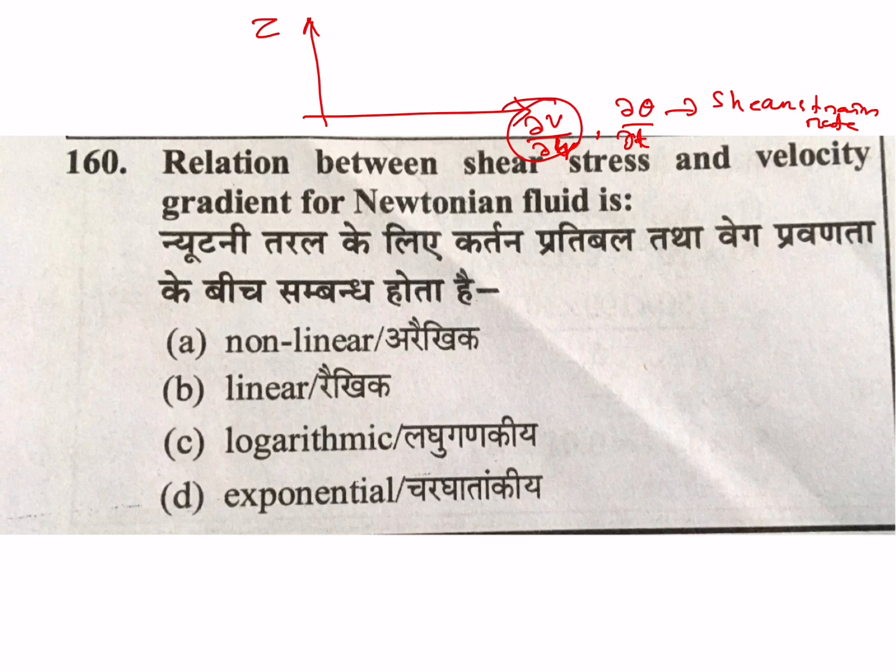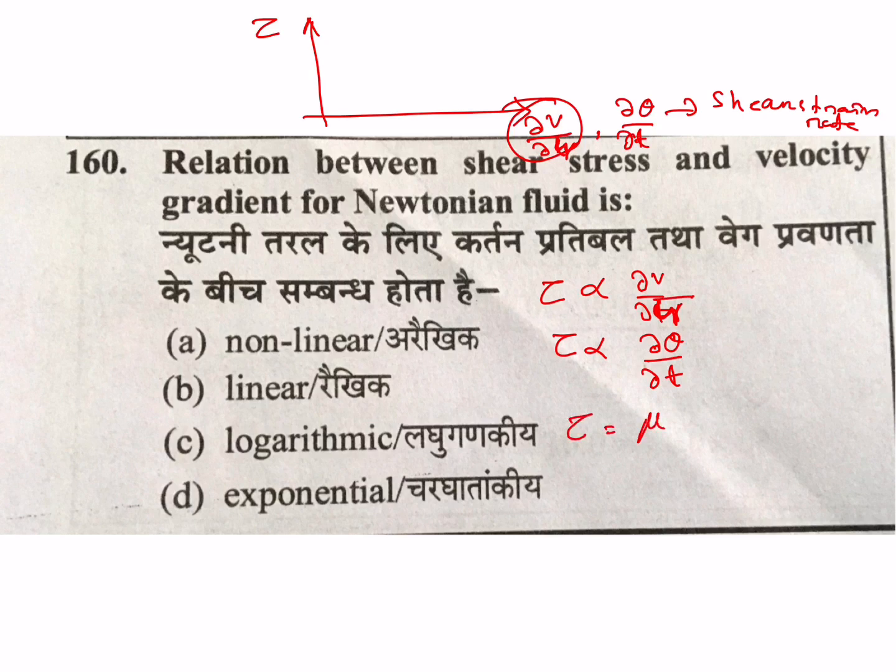So relation between shear stress and velocity gradient for Newtonian fluid: tau is proportional to d theta by dt, the rate of change of angular deformation. Sorry, this one, dv by dy, the velocity gradient.